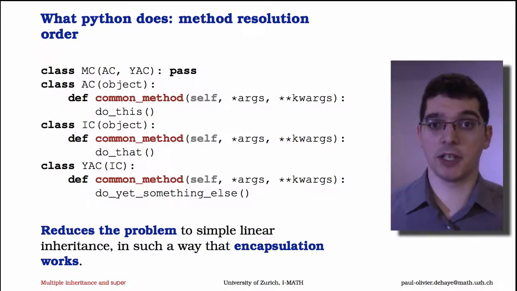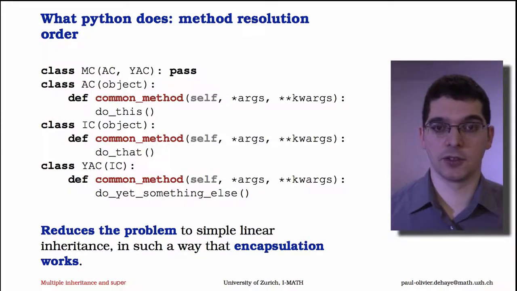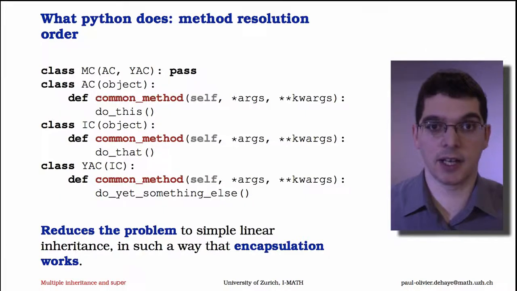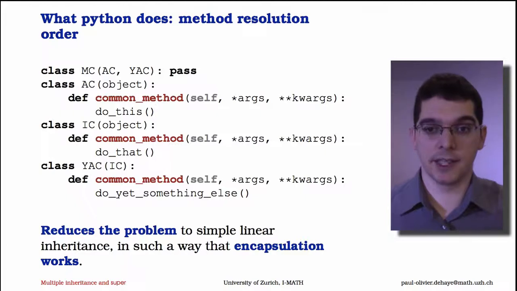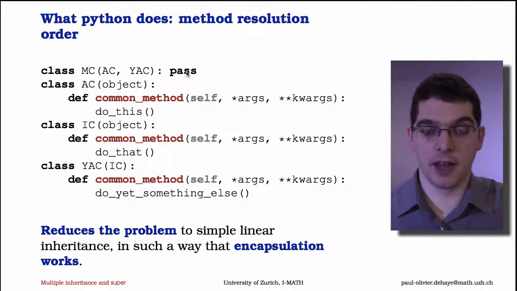But it's quite tricky because you want to make it in such a way that encapsulation works. So you want to really make it so that whenever you define a class, you only need to rely on the base classes to know what to do. So let's see this. So here we have MC.